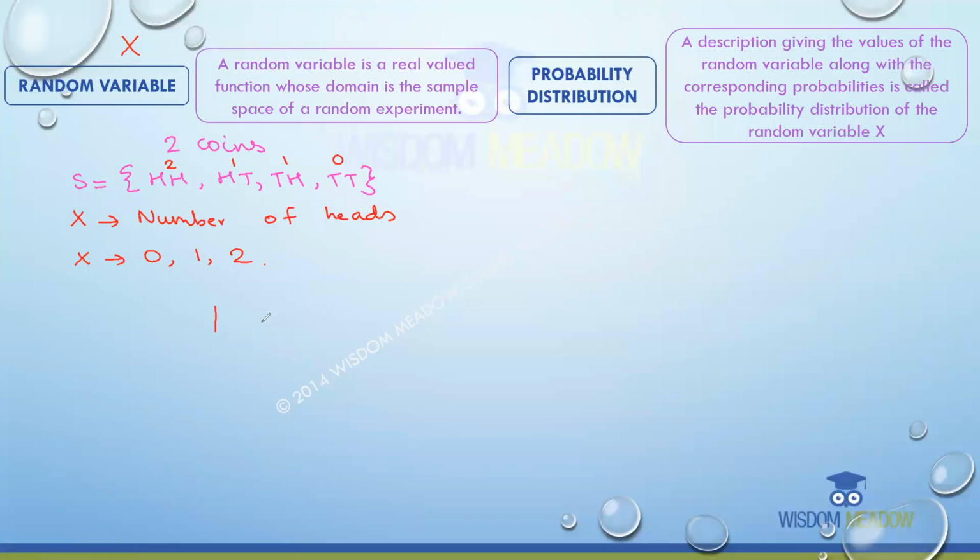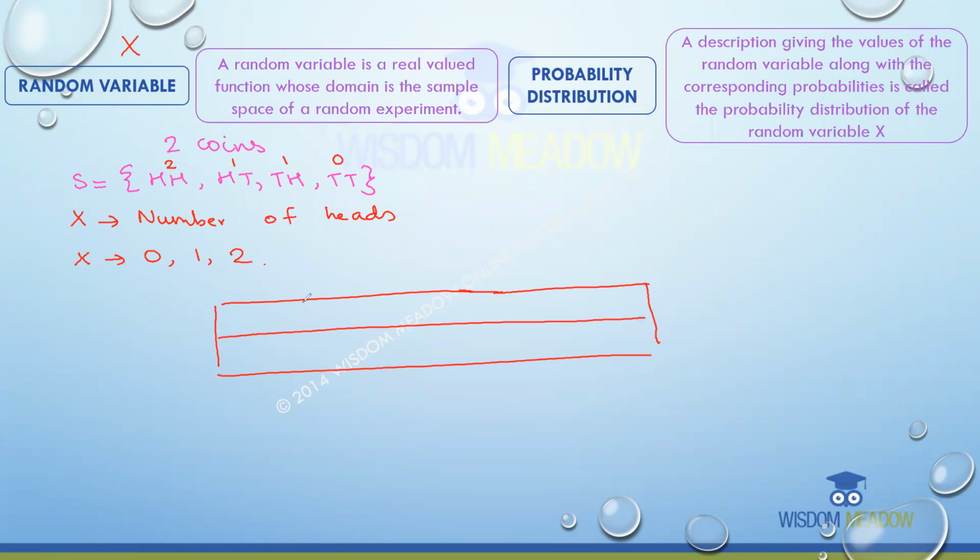So here, if you make a table, that is X and P of X. So values of X, we have already seen that it could be 0, it could be 1, it could be 2. Now probability of getting 0, that is when it is TT. So that's going to be 1 out of 4 outcomes in total. So the probability of getting TT is going to be 1 out of 4.